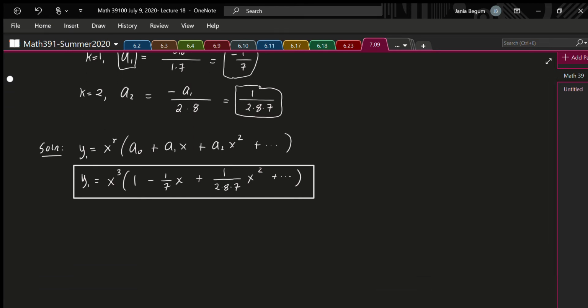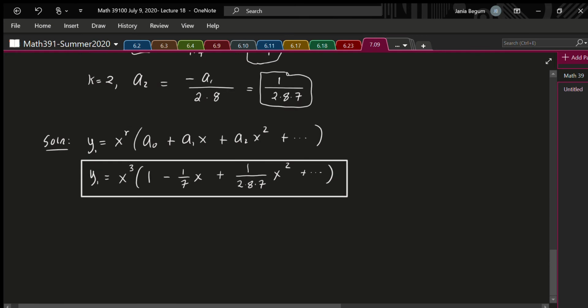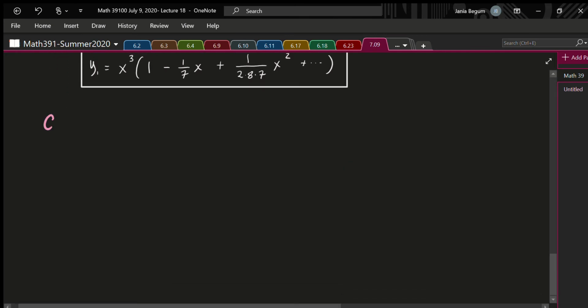So chapter 6 is the Laplace transform. This is a very short chapter in this course.